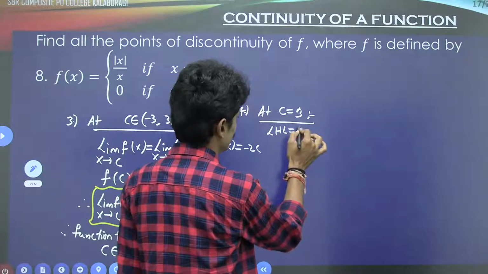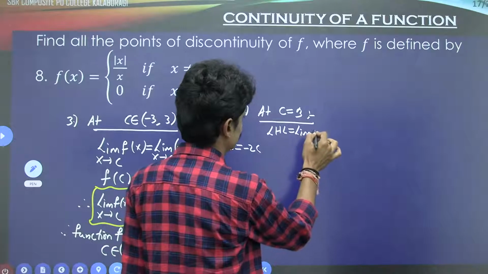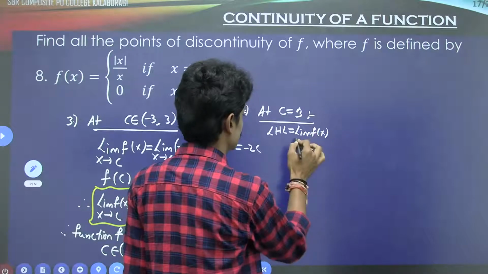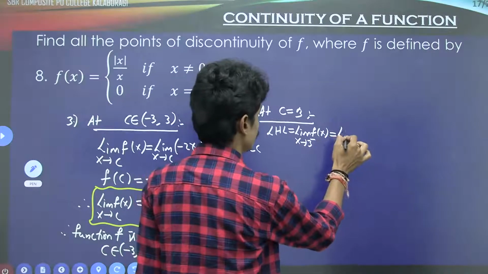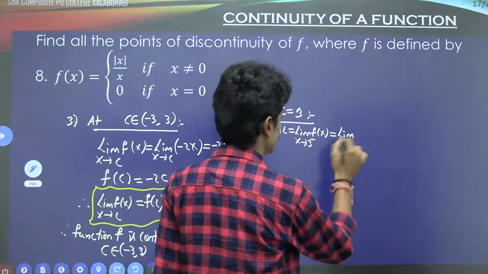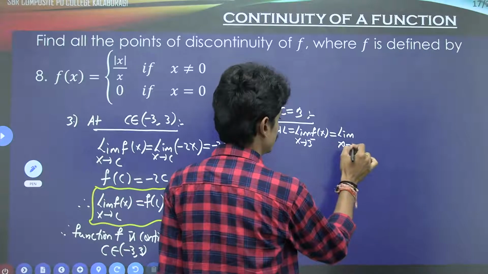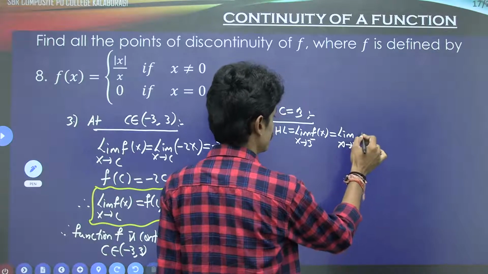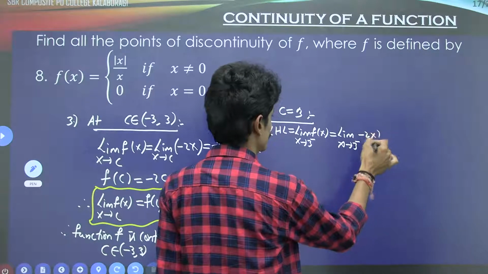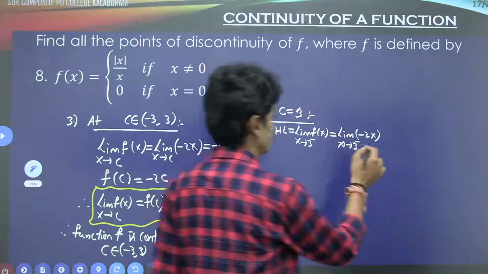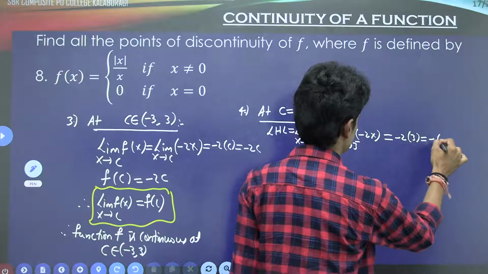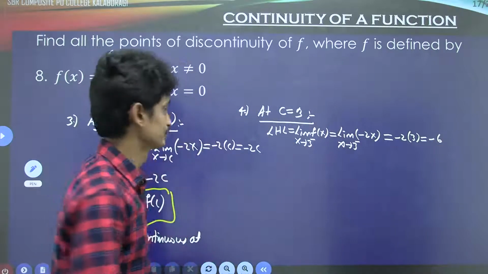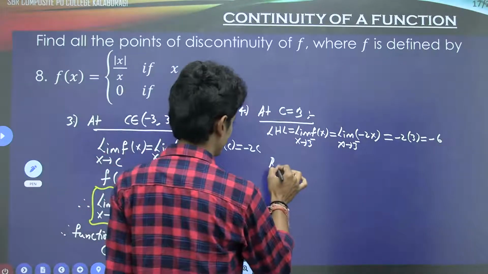The left limit is equal to the limit of f of x as x tending to 3 minus. Now we can choose the function: limit as x tending to 3 minus. F of x means how much we have? Minus 2x. It is a polynomial function, so directly we can substitute. Hence we will get minus 6. In the same sense, we should find the right limit.